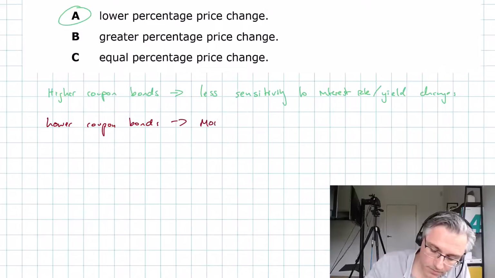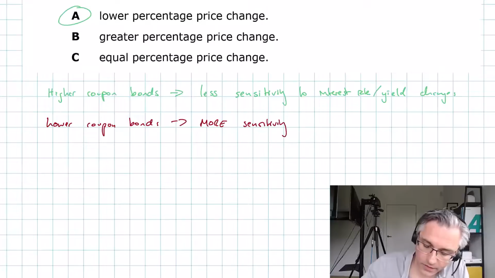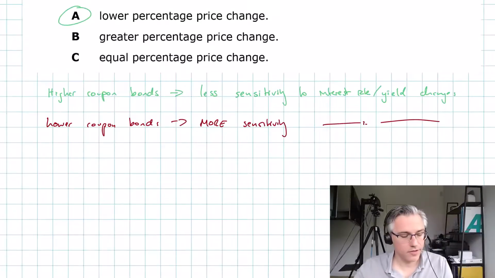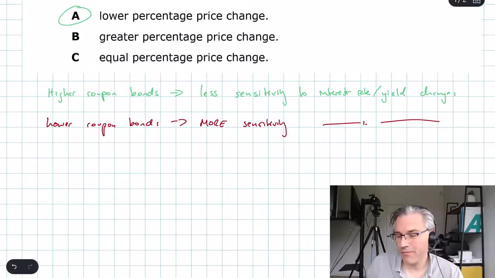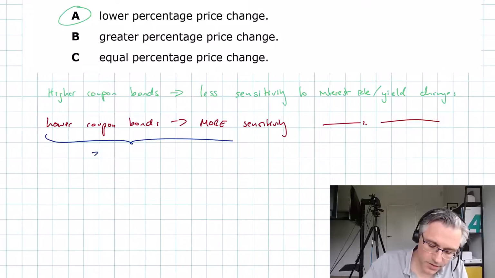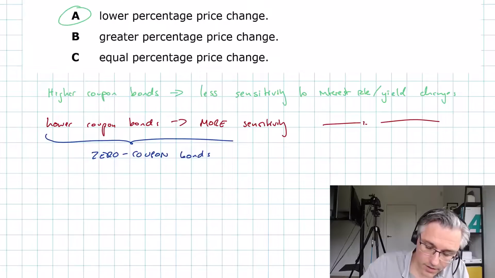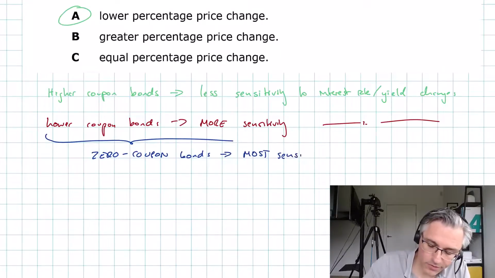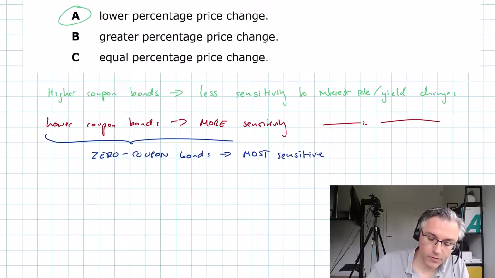They exhibit more sensitivity to the same changes, to yield changes. In fact, the most sensitive bonds, when you think about the coupon having an impact, are going to be zero coupon bonds. So zero coupon bonds are the most sensitive because they've got the lowest coupon possible of them all.